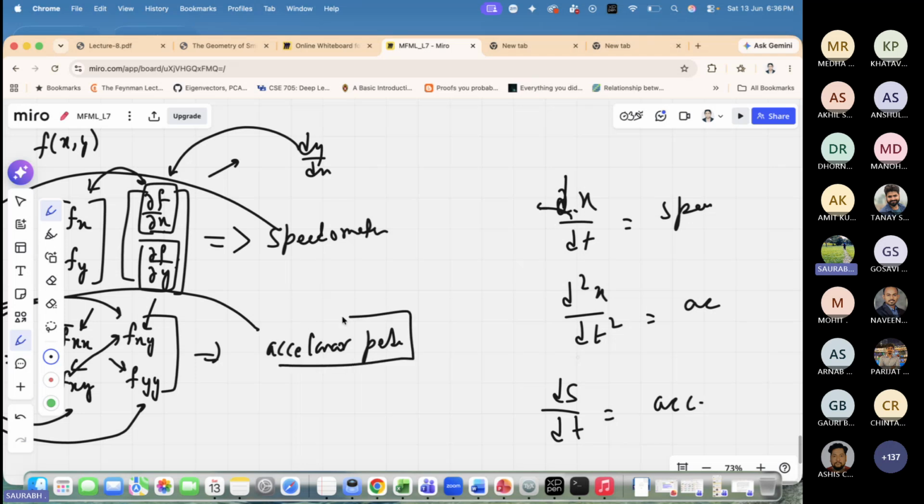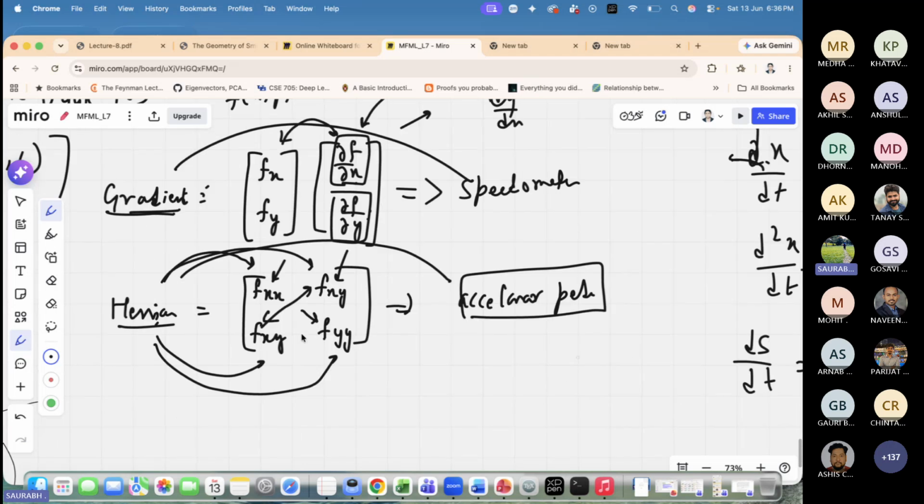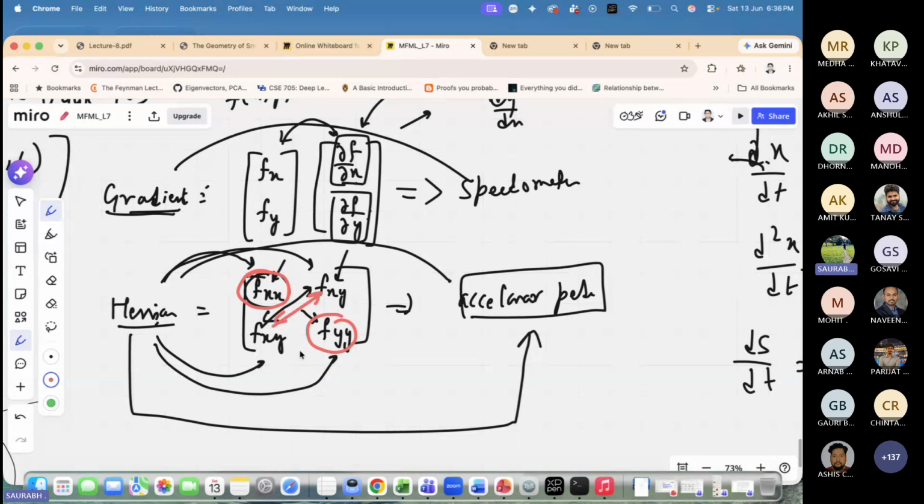Hessian tells you how fast your gradients are changing, just as acceleration tells you how fast your speed is changing. Gradient in the x direction, how fast is it changing in the x direction? How fast is it changing in the y direction? And how fast is it changing in both x and y direction? So Hessian tells you that.